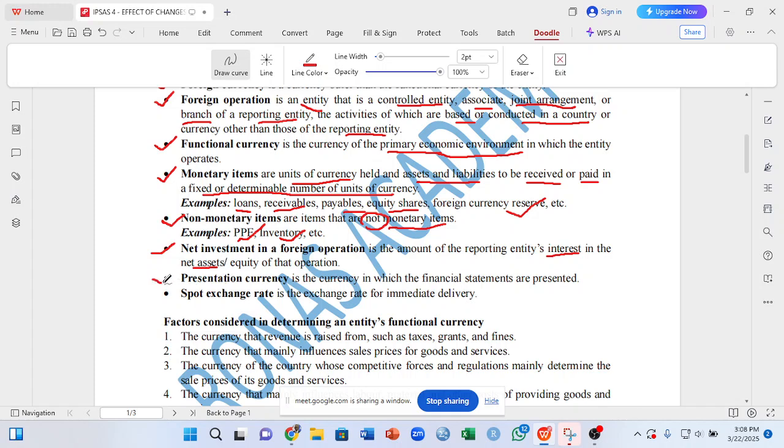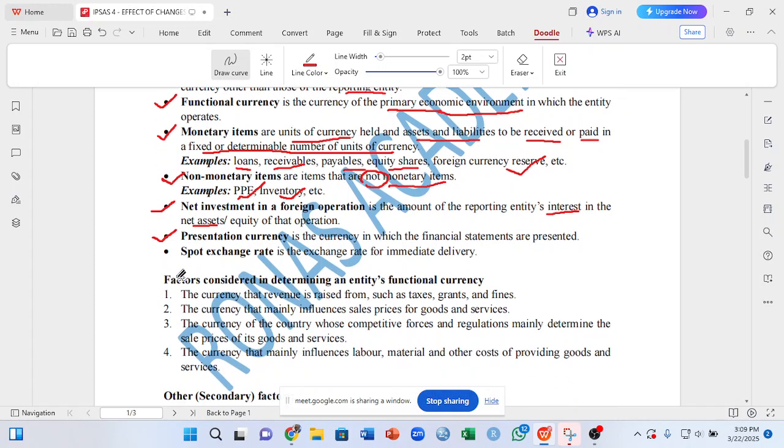Also, you need to know about presentation currency. As the name suggests, presentation here means the currency you are going to use to present your financial statements, in which your financial statements will be presented. Every financial statement must show the currency sign. So when you bring a currency sign, you are showing the presentation currency that you are expected to use.